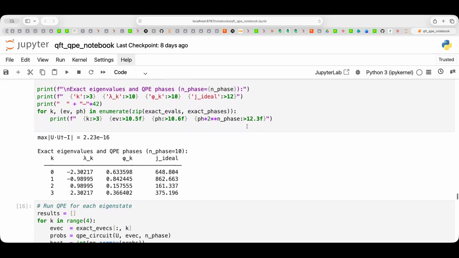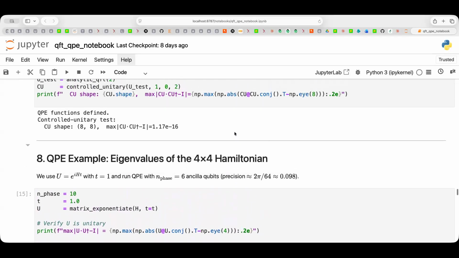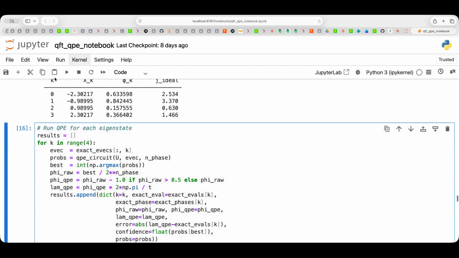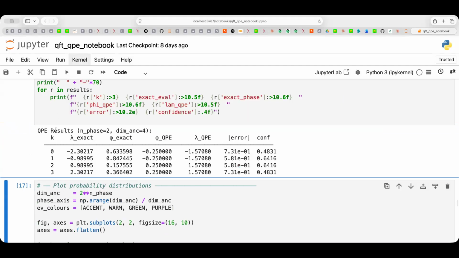If I now choose to reduce this to, let's say, 2 qubits, you will see that this actually changes dramatically. So let's just do that and run the QPE. It's going to be fast, but you see now the QPE error with only 2 qubits. When I have 10 ancilla qubits, my error was 10 to the minus 3.